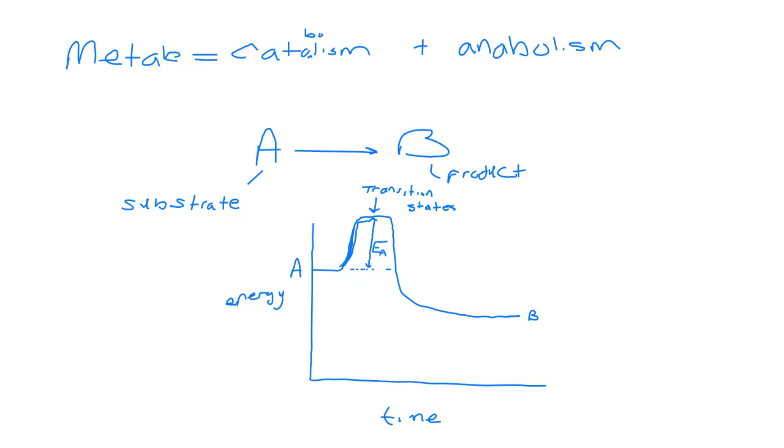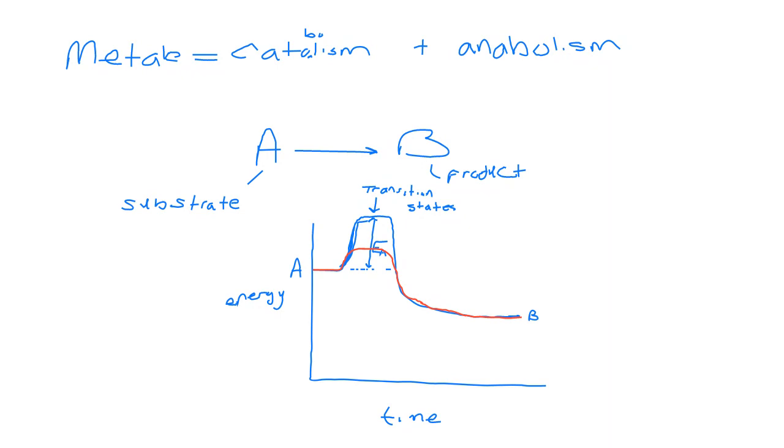Enzymes are specialized proteins, and the only thing they change is that they decrease the amount of activation energy required to start the reaction. It does not affect the starting energy level of substrate A. It does not affect the final energy level of product B. The only thing it does is decrease that activation energy, allowing the reaction to happen significantly faster.